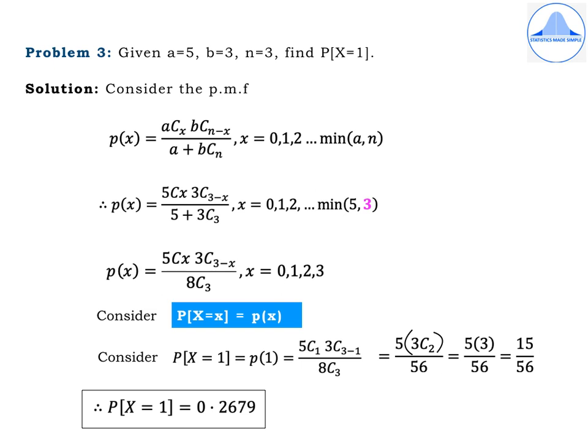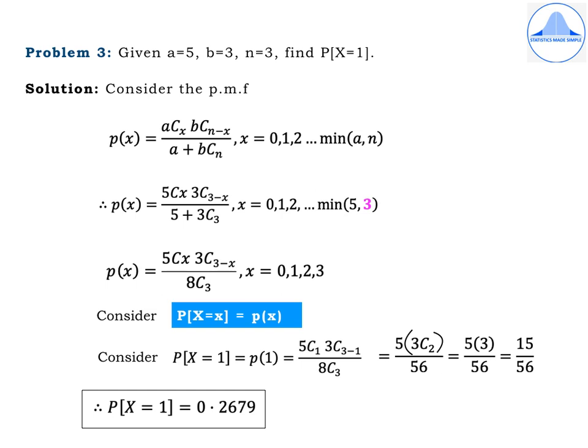Now the minimum of the values 5 and 3 is 3, which is highlighted in pink color. So the range will change in the next step as P of x equal to 5Cx 3C3 minus x divided by 8C3, and the range will be x equal to 0, 1, 2, 3.